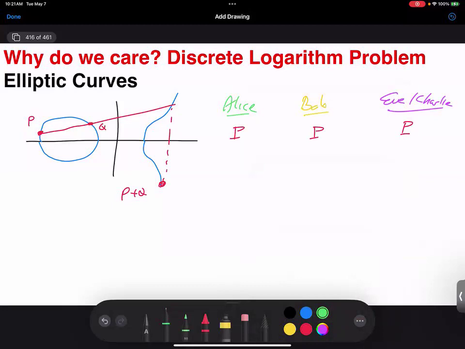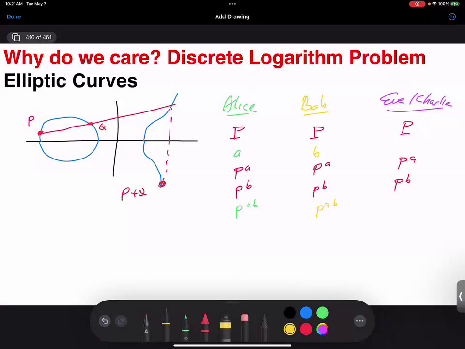Alice is going to have her secret A. Bob is going to have his secret B. Alice is going to compute P to the A and share that with everybody. Bob will compute P to the B and share that with everybody. And then Alice can figure out P to the AB and Bob can figure out P to the AB. And so again, they have a common secret.